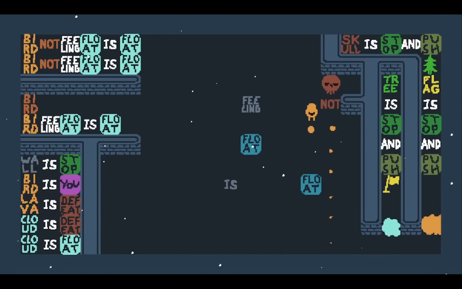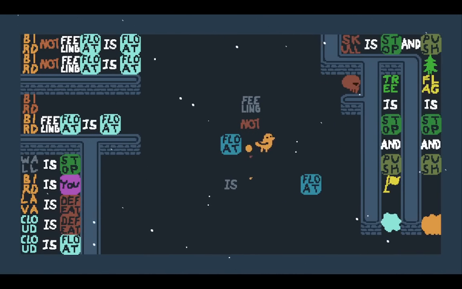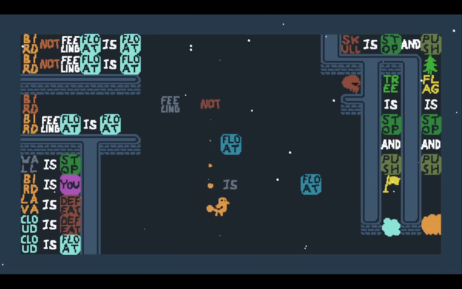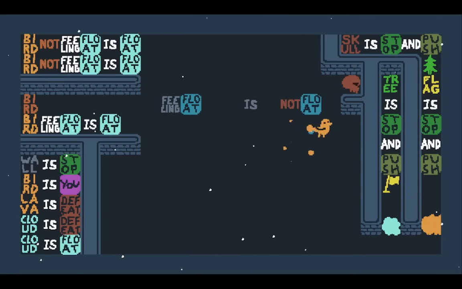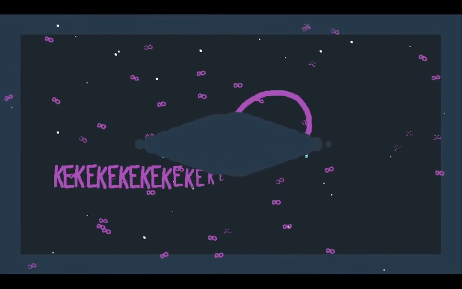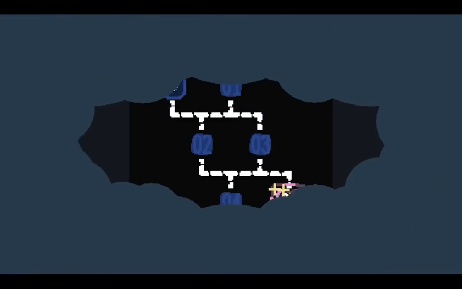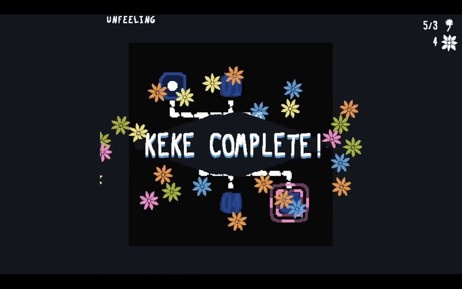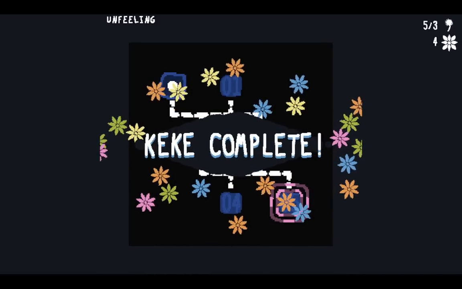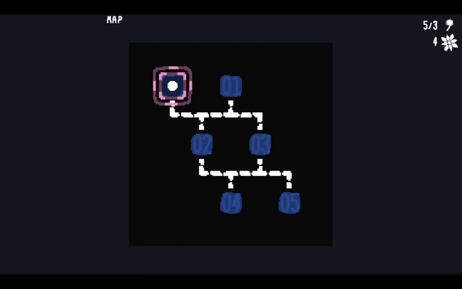So now skull is push now. Okay. Feeling float is not float, please. Unbelievable. That was a so bad and well designed level for not having to go and understand why it's happening. Amazing. Alright, back to the map.